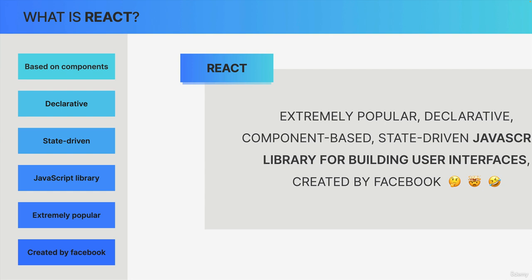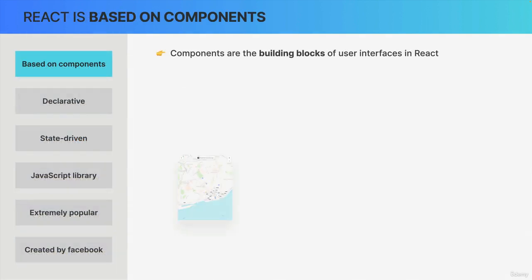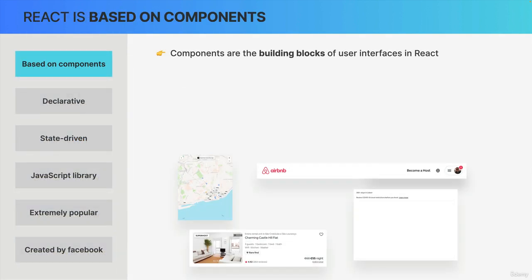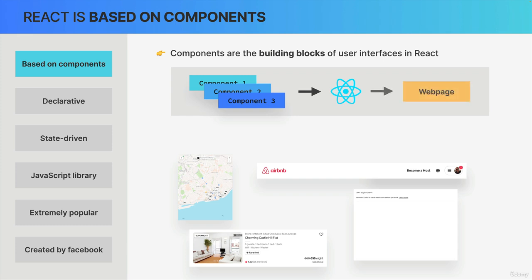So, starting with component-based design, React is all about components, such as buttons, input fields, search bars, and so on. So components are the building blocks of user interfaces in React. And in fact, basically all React does is to take components and draw them on a web page. That's it.